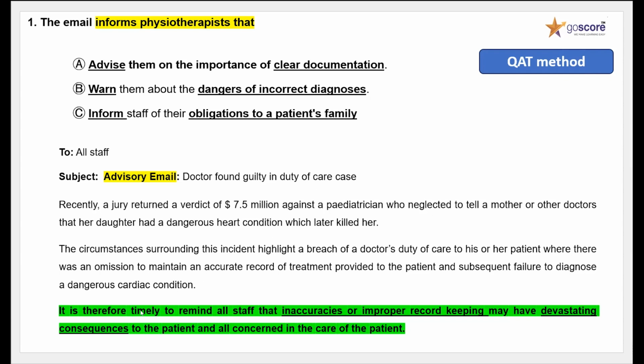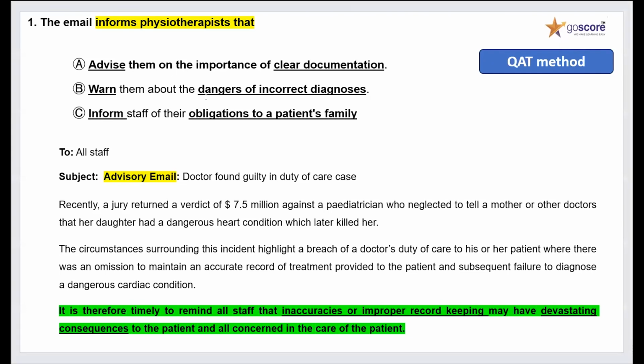And finally, they explained, "It is therefore timely to remind all staff," that means physiotherapists are also included. Whatever the physiotherapist is doing, they have to document it. So "remind all staff that inaccuracies or improper record keeping" means the importance of clear documentation. If you're not keeping clear documentation, it may cause problems in the future. Correct. So "inaccuracies or improper record keeping may have devastating consequences to the patient and all concerned in the care of the patient." Fine. So option A is the correct answer.